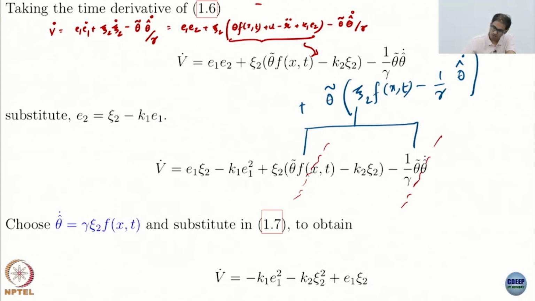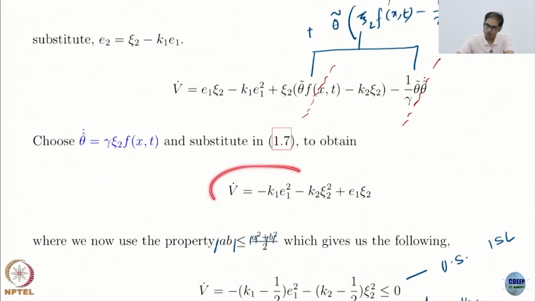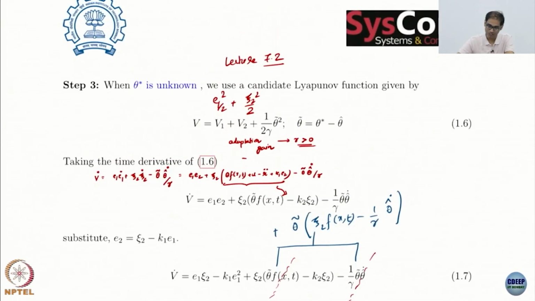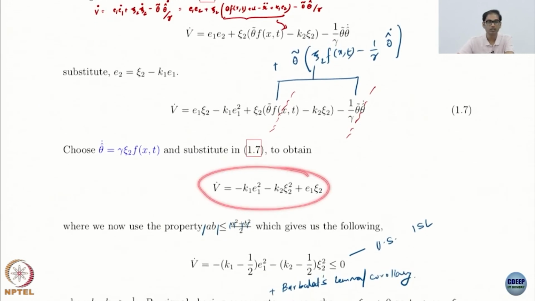Okay. So once you have cancelled everything, you are left with K1 E1 square, K2 psi2 square, E1 psi2. Notice V dot looks exactly like the known case. Even though I started with more terms in V, I ended with the same V dot.